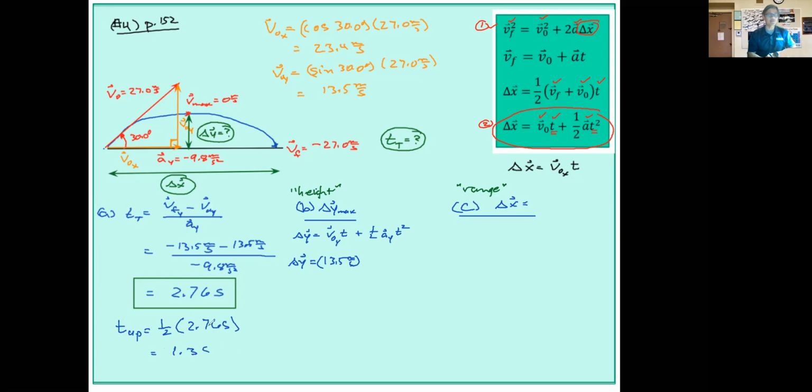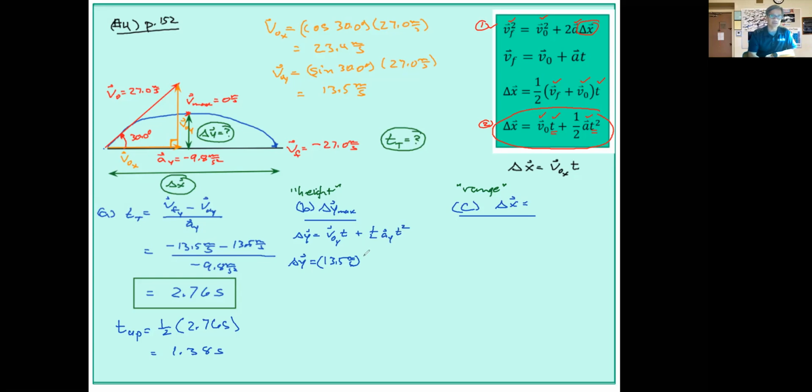And we know it's half. Why? Because the time it takes to go up and the time it takes to go down are exactly equal. So if we know what the total time is, to find the time it takes to go up, we just take half of the total flight time. So there it is. That's the time that we're going to use, not 2.76.